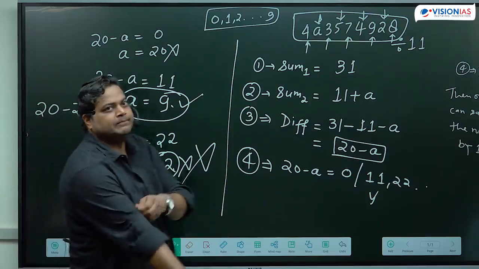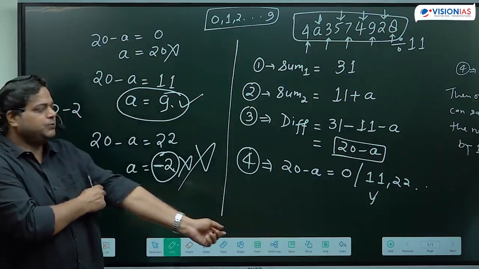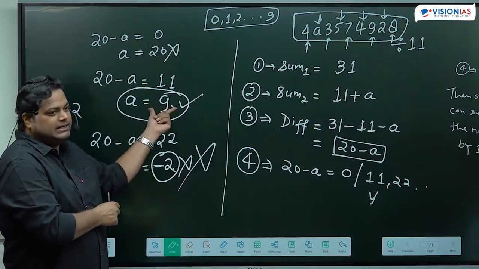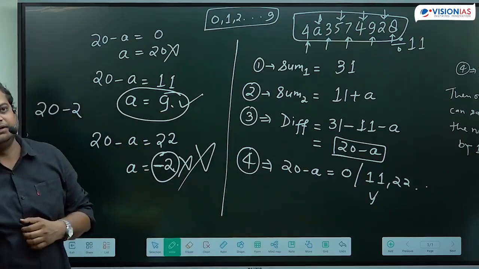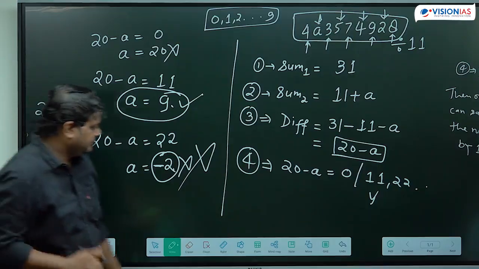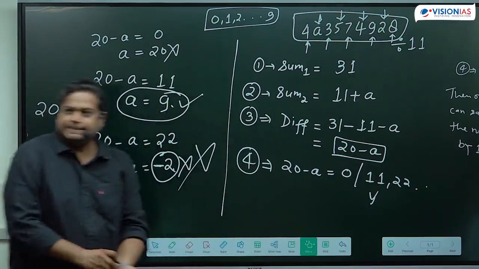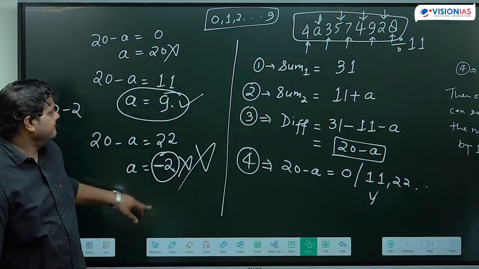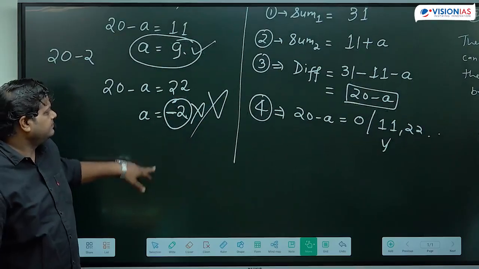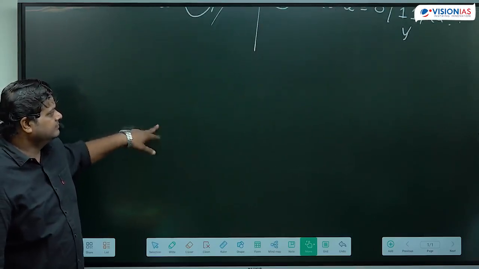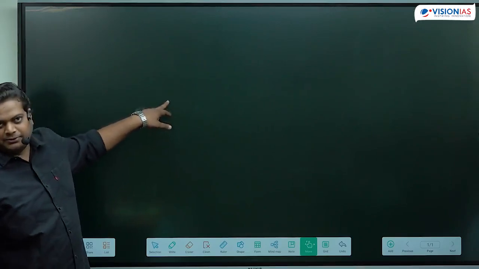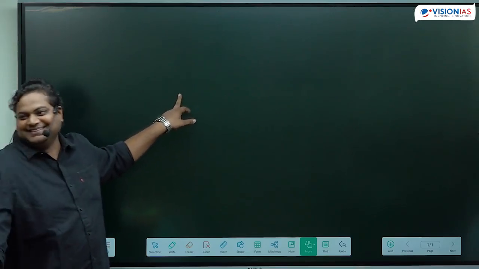Correct. So 2 will not be answer. Answer will be 9. ठीक है ये. इलेवन पे नहीं निकाला था आप लोगों ने, सीधे 22 पे निकाला था.